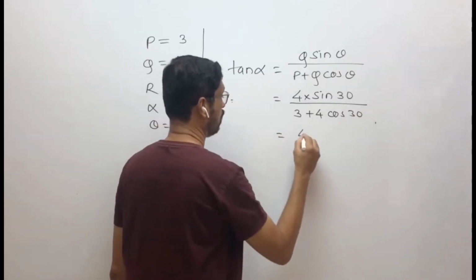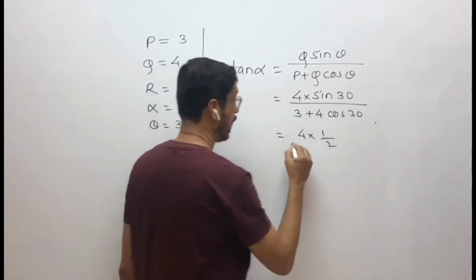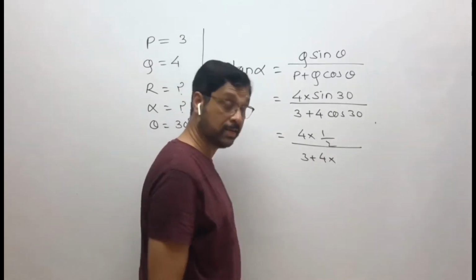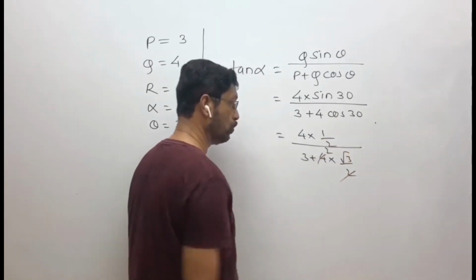That is equal to 4 into sine 30 is 1 by 2 upon 3 plus 4 into cos 30, root 3 by 2. 2 ones are, 2 twos are.